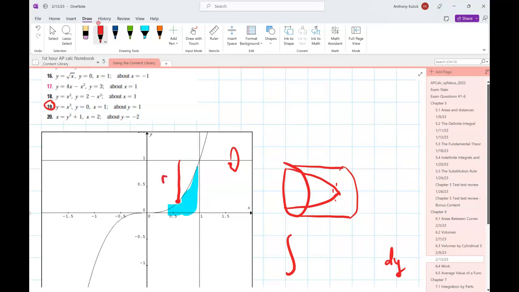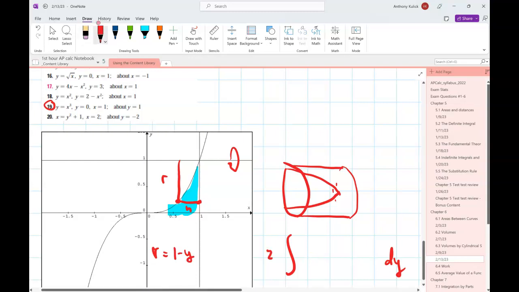So that's like my radius. And then back to my axis, or back through the function, is like the height. Okay, what's the radius going to be there? 1 minus y, excellent. Put that out front.